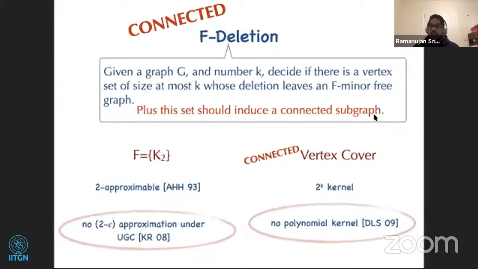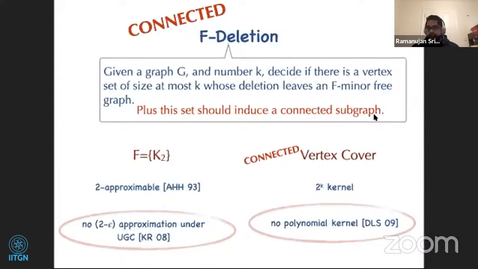But now that we have this new perspective, that of approximate kernelization, it makes sense for us to revisit this family of problems and ask, okay, now that we have this little window into a new world, does it make sense to study connected F deletion in this world?